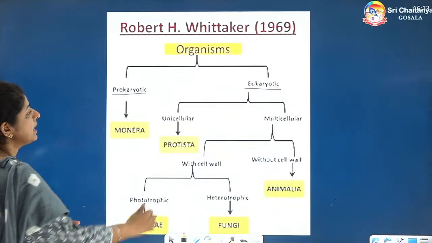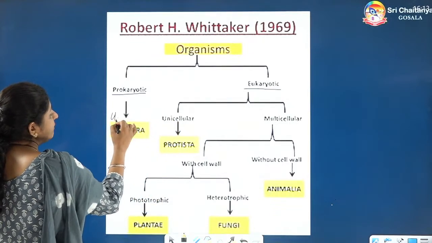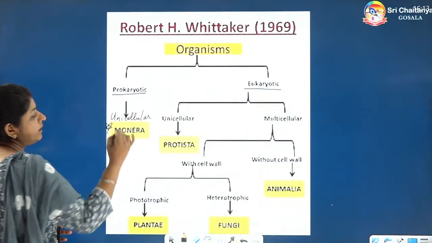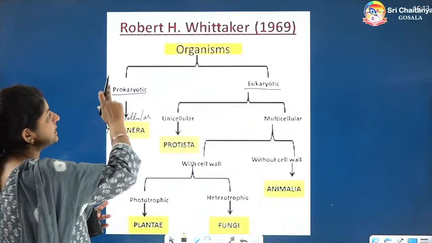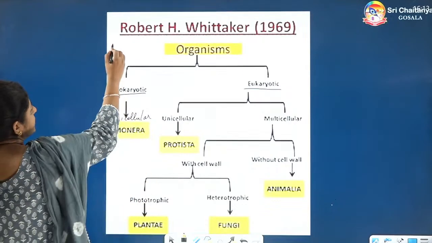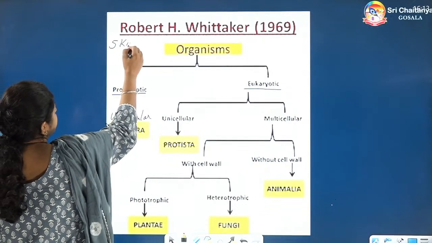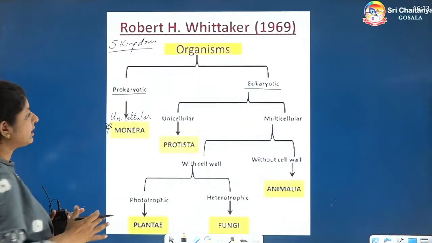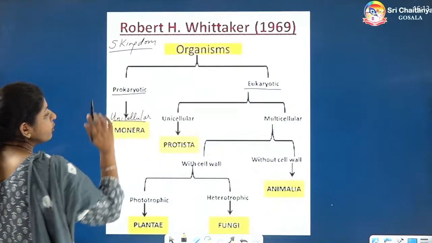Fine. Prokaryotes are always unicellular, which includes which kingdom over there? Monera. I repeat, we are discussing the Whittaker classification, which is the 5 kingdom classification, right? So the first kingdom is Monera, which is unicellular and prokaryotic.